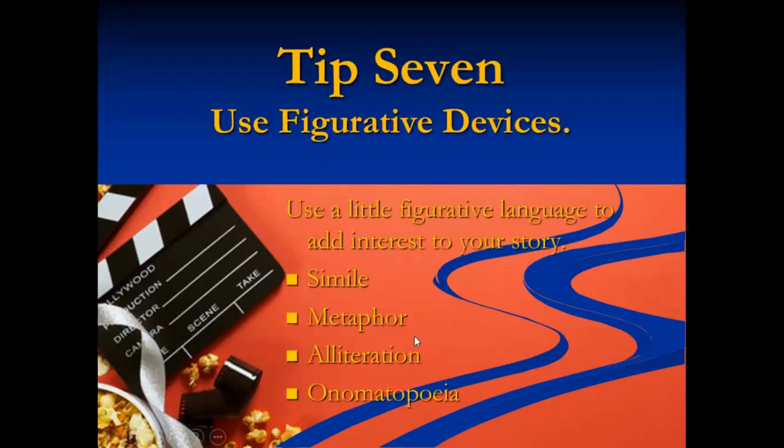So tip 7, use figurative devices. The narrative essay is possibly the only essay that you can write and include figurative devices, because the expository essay is an essay based on facts and an explanation.